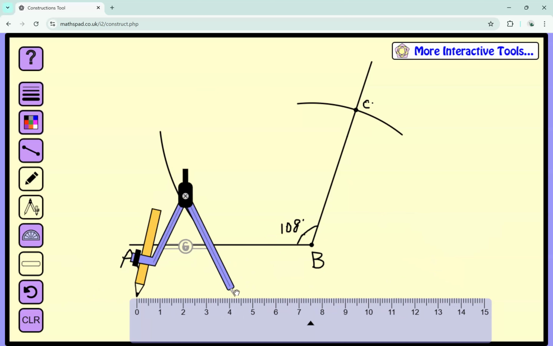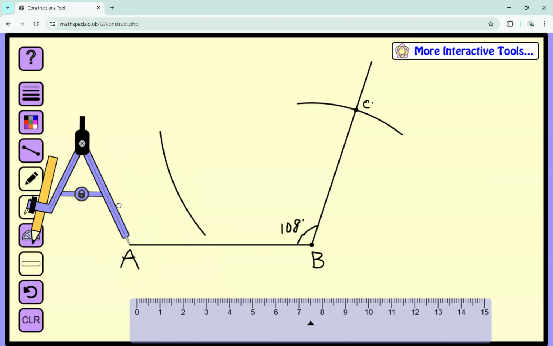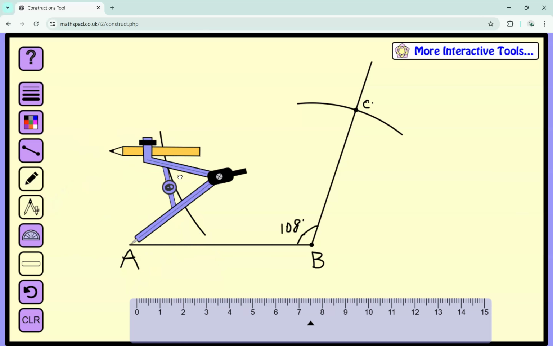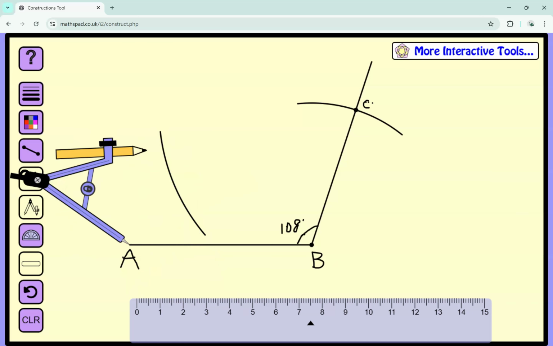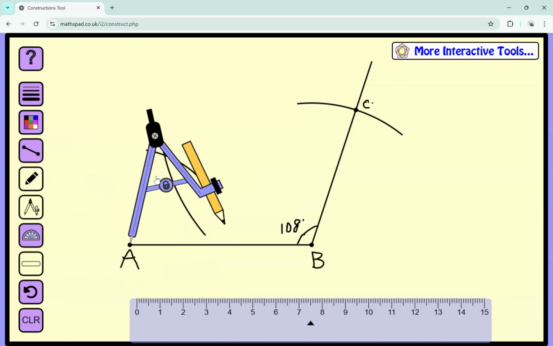Now we have 4.2, and I put this over here, bring it over a bit, then draw. You see, it intersects.